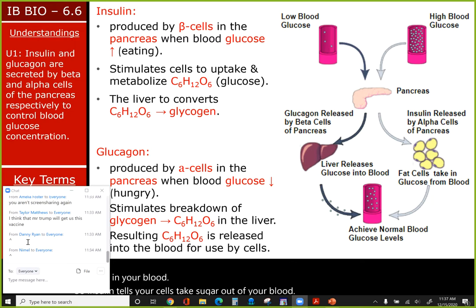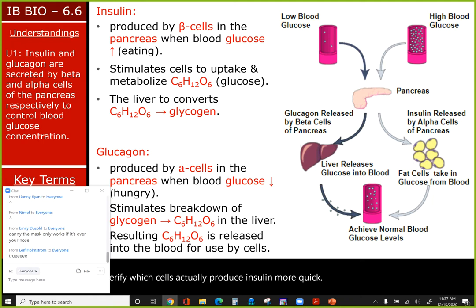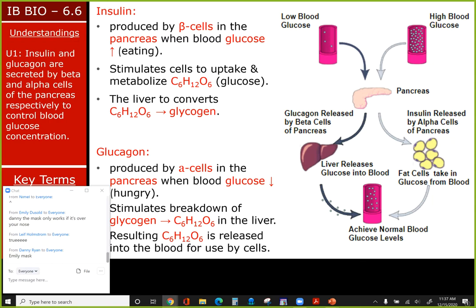Anyone have any questions on that? Let me verify which cells actually produce insulin real quick. Yeah, it's beta cells that produce insulin.